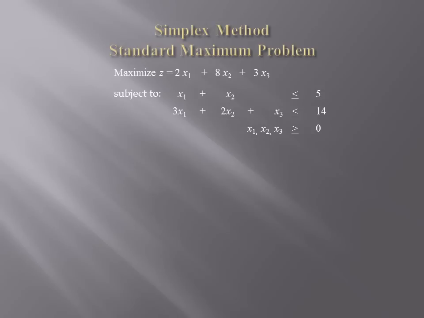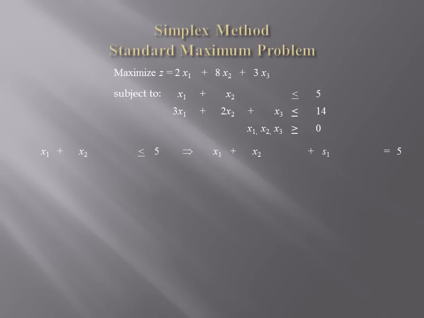Our goal when using the simplex method is to transform this linear programming problem into a system of linear equations. We begin with the first inequality, x1 plus x2 is less than or equal to 5. We make that an equation by adding a non-negative variable to the left side called a slack variable, so that the inequality will now become an equation.